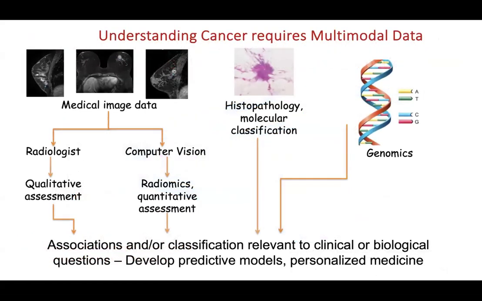Let's get back to, I think I'm going faster than I planned, other parts of what we've worked on. So understanding cancer is not just imaging, is not just biopsy, it's multiple. So what we were interested in is looking at the medical image, working through our computer vision algorithms to do a quantitative assessment, and look at how these are associated with the clinical or biological questions and develop predictive models.